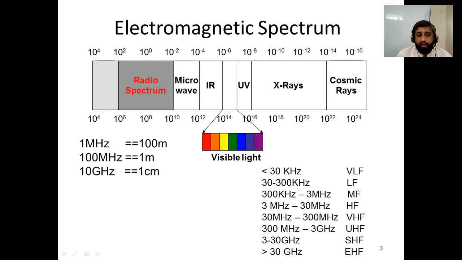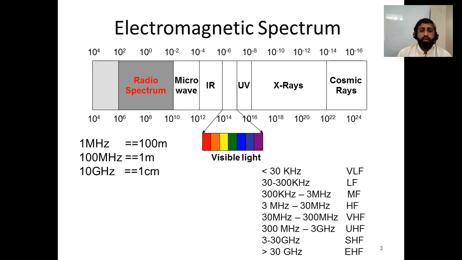Typically this radio spectrum consists of megahertz frequencies, and we will be focusing on these because most of the wireless systems are designed at these frequencies, and typically this band extends up to 6 gigahertz, or we can say up to 10 gigahertz. So basically we will be focusing on the sub 6 gigahertz band.